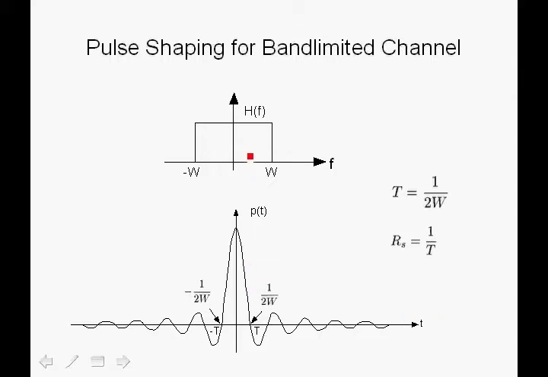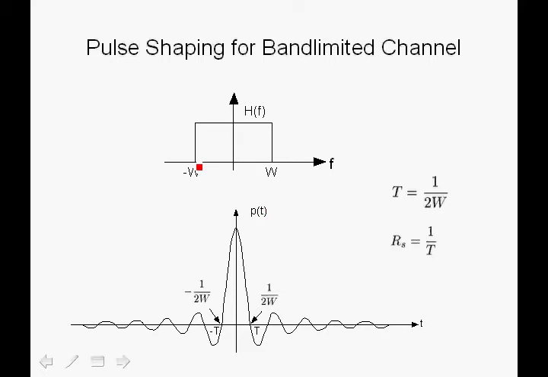So we see that by restricting the bandwidth in the frequency domain, the signal in the time domain is not time limited. Of course, this is a well-known property of the Fourier transform and inverse Fourier transform.